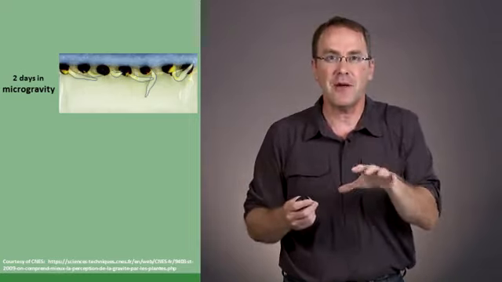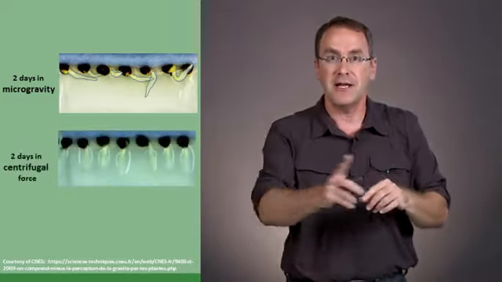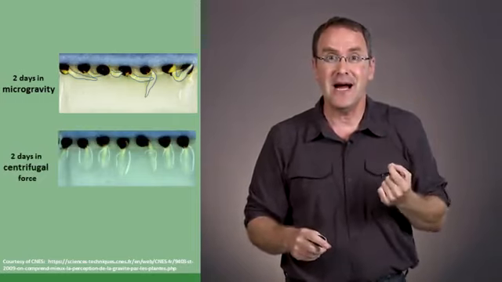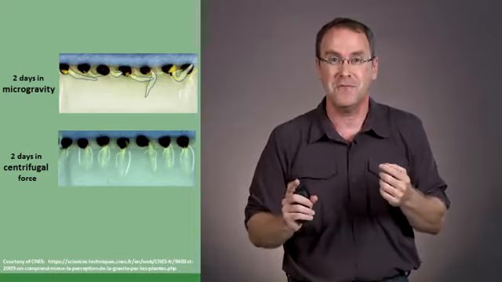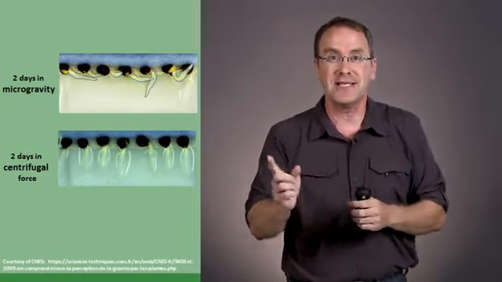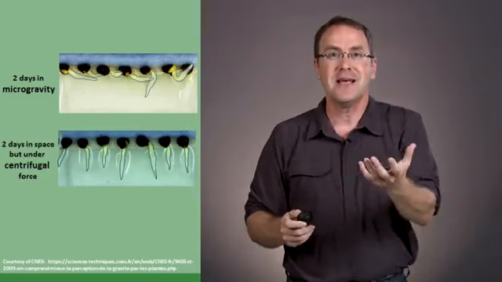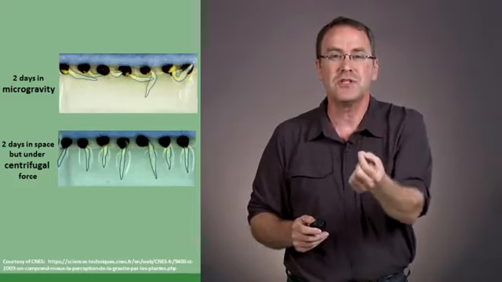Now, in the same experiment up on the space station, they put these rapeseed seeds on a centrifuge, similar to what Knight did back in the 19th century. Of course, without a water wheel, this is an electric centrifuge. When these seedlings are put on a centrifuge, the centrifugal force emulates a gravitational force, and then the seedlings' roots grow down.